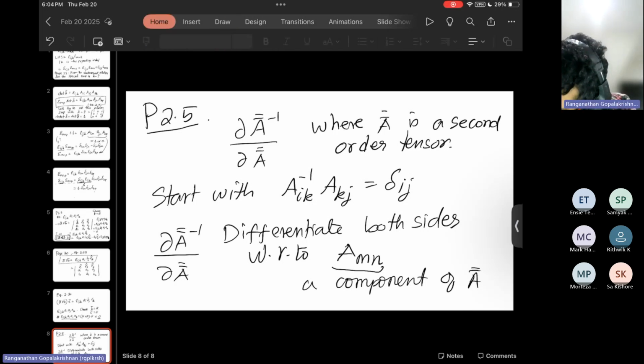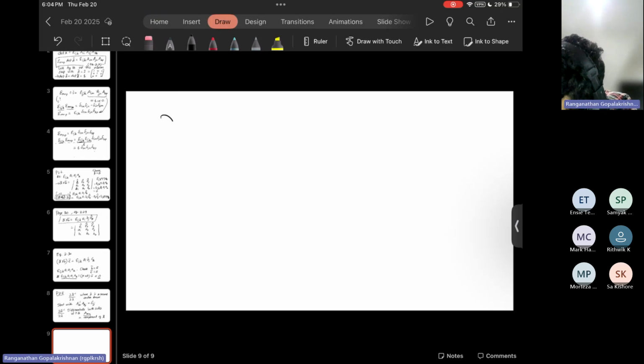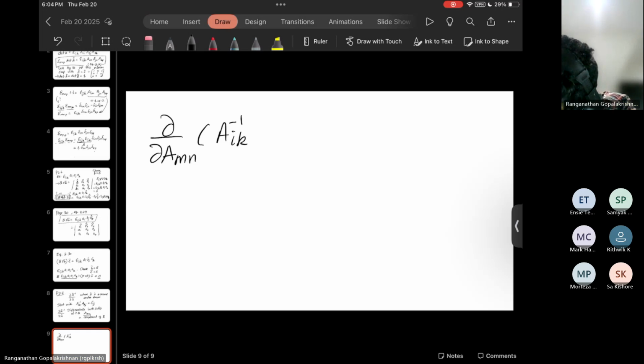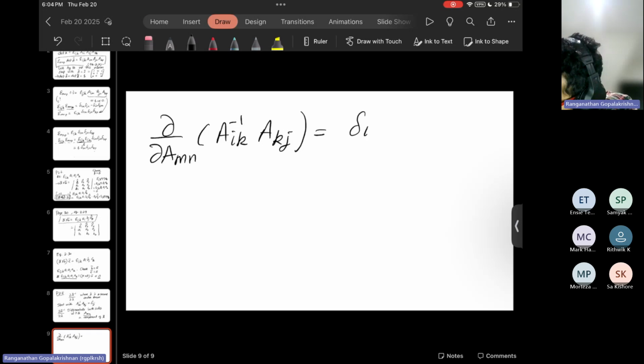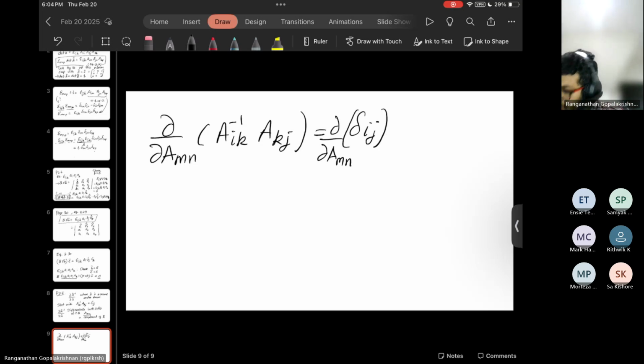So how will that look? Partial derivative with respect to A_MN of A_IK inverse multiplied by A_KJ equal to delta IJ. Is this okay?